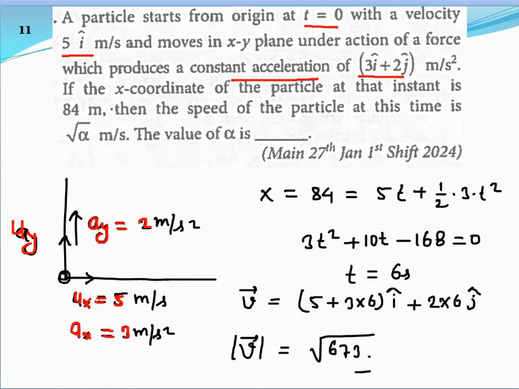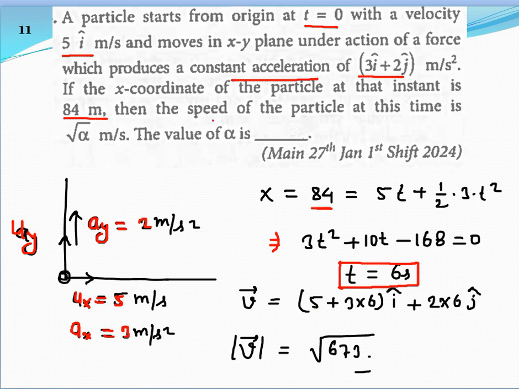They have given the condition that the x coordinate of the particle at that instant is 84 meter, so making x equal to 84, and ux into t plus half ax into t square, we get a quadratic. We have to apply the quadratic formula for calculating this time. You get t equals 6 seconds.